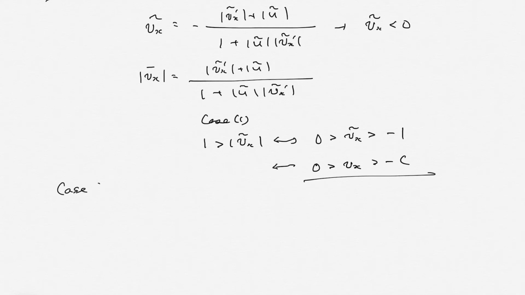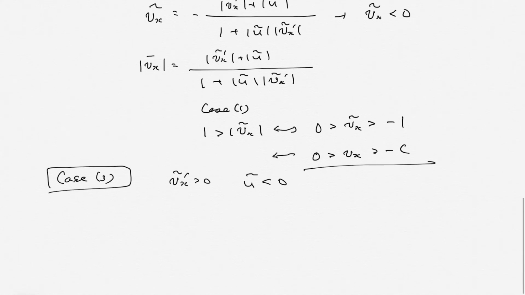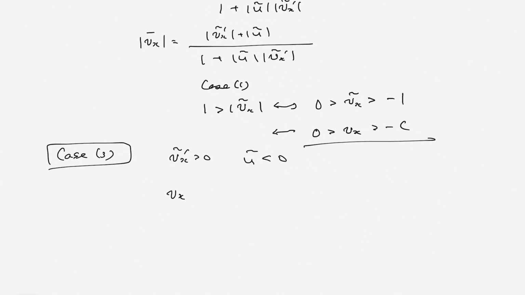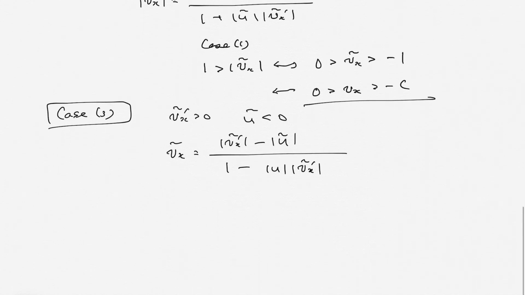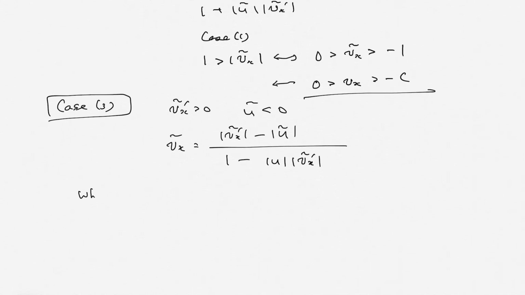Case 3. v sub x prime is positive, u is negative, so opposite directions. Then v sub x tilde is v sub x prime tilde minus the absolute value of u tilde over 1 minus the absolute value of u tilde times v sub x prime tilde. So we have two possibilities.